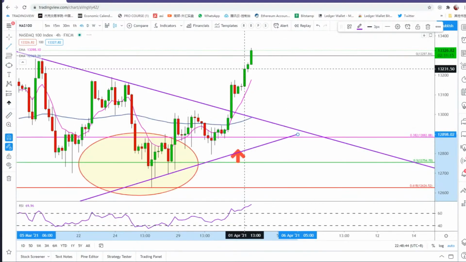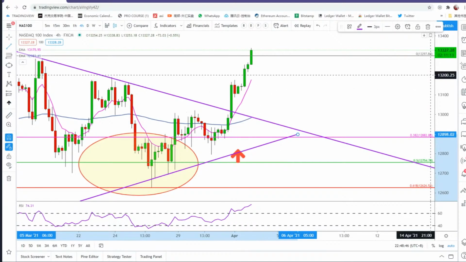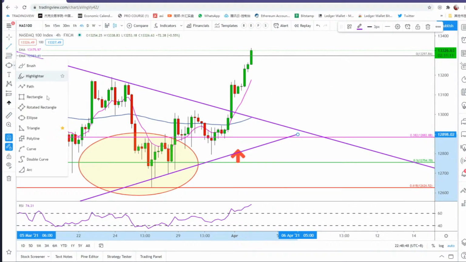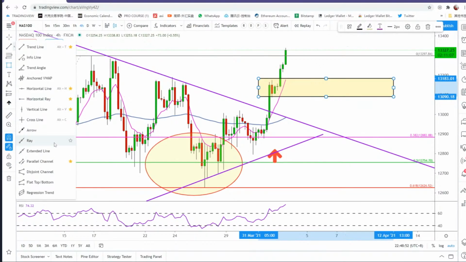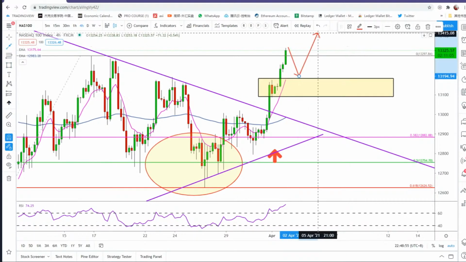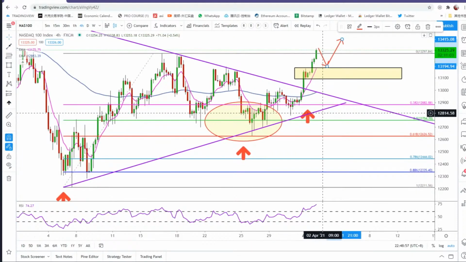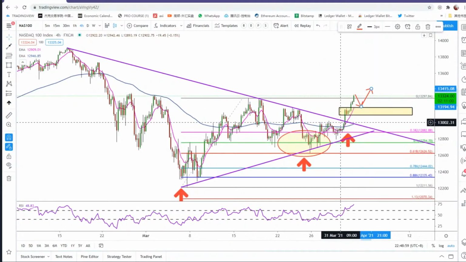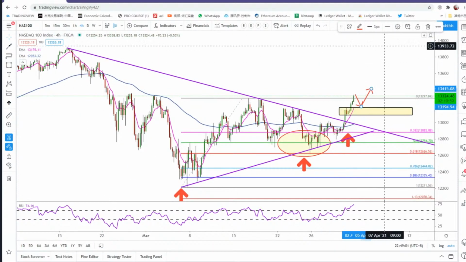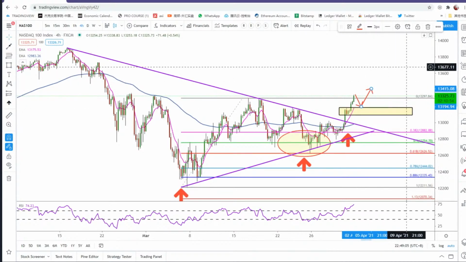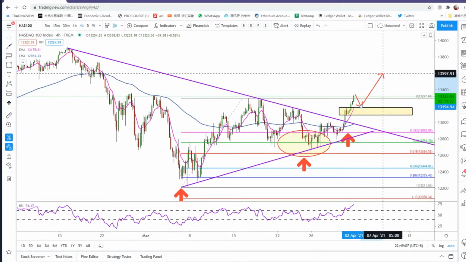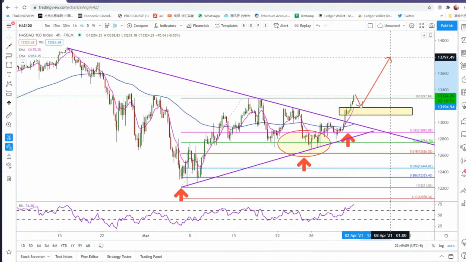For our chart, I want to focus on buying at 13,200, which is this level. Use this level to get our entry on Nasdaq. Pullback buy. The big triangle has already been broken. The trend is going up. So find a way to pull back and go long to, I think, 13,600 or 13,800.